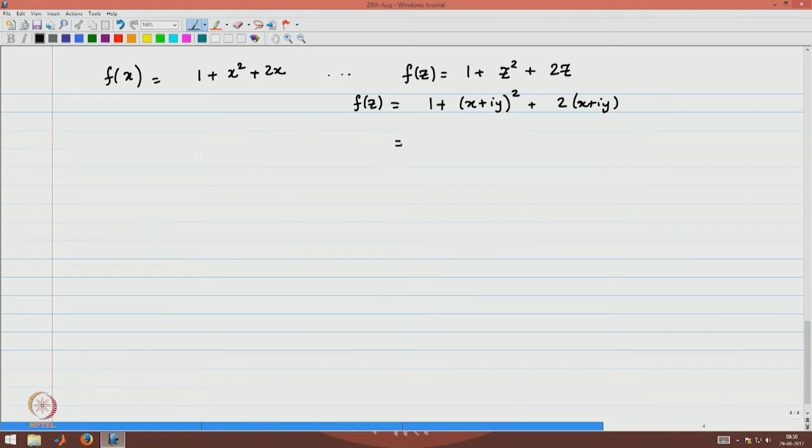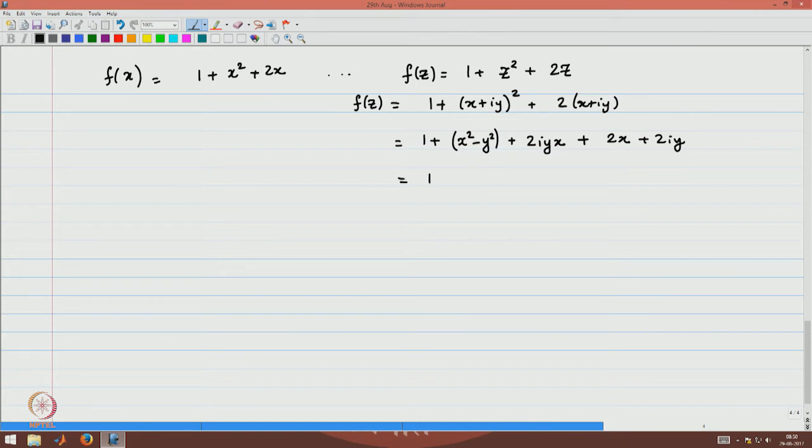Now, I will write this as 1 plus x plus I y square, which is x square, then you have I y square, and I square is minus 1, so it will give you minus y square, plus you have x I y and I y x, so you have 2 I y x, plus 2 x plus 2 I y.